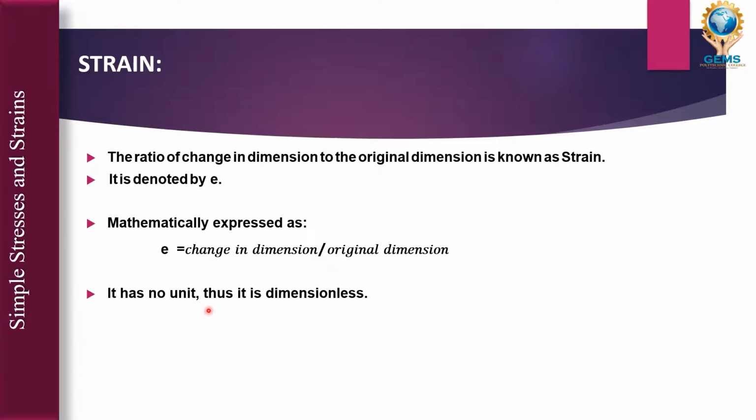It has no unit because the change in dimension unit will be, suppose, meter, and the original dimension unit will be meter. So meter will get cancelled, so it has no unit. Thus it is dimensionless. Understand? So this is strain.